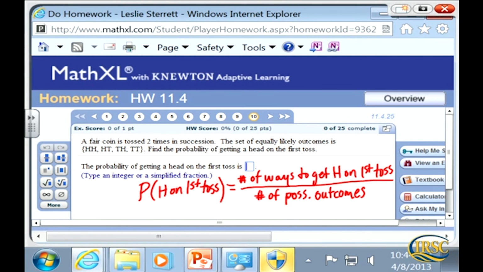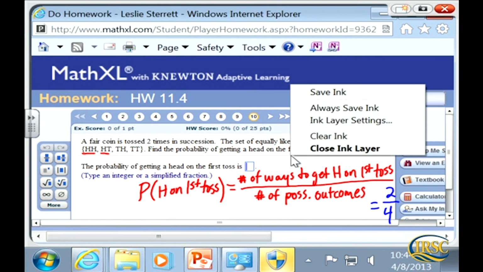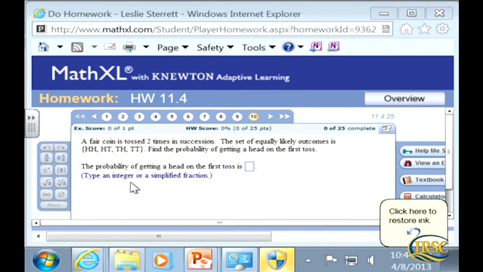So looking at our list, the only ways that you get heads on the first toss is the first 2 that are listed. Okay, the other 2 does not get heads on the first toss. So we have a numerator of 2, and the total possible ways that this can happen is 4. So 2 over 4, but then again, don't forget to reduce your fractions. So 2 over 4 reduces to 1/2. Notice it's very specific. Type an integer or a simplified fraction.